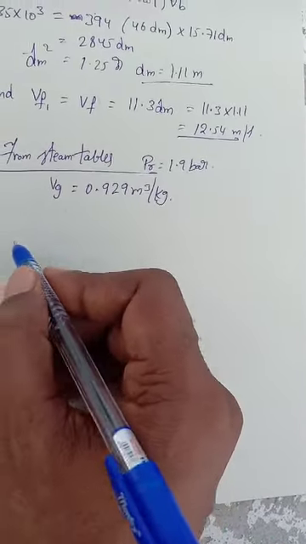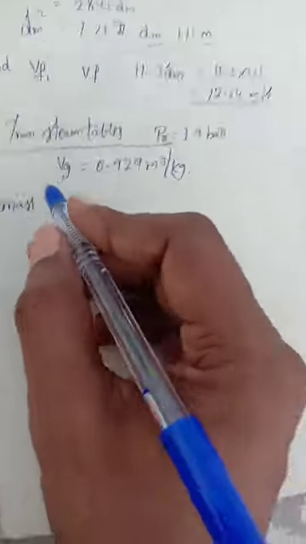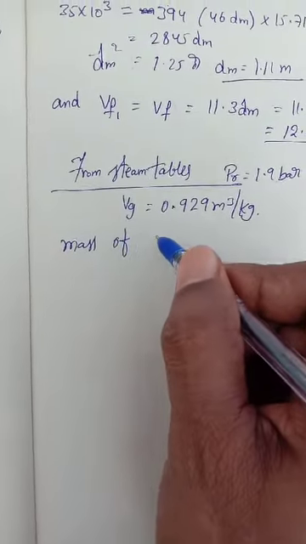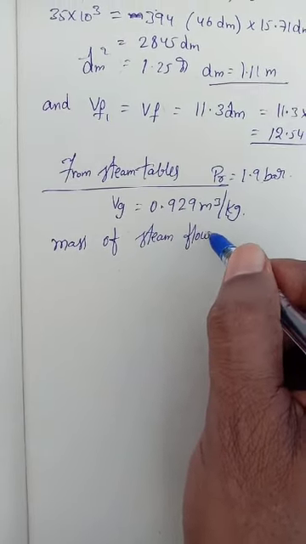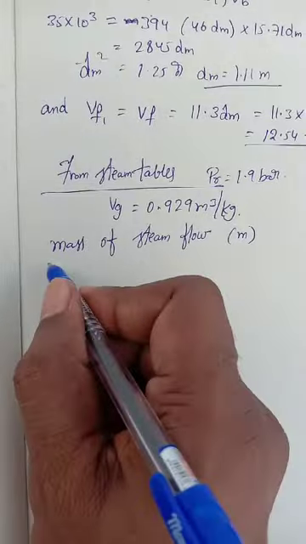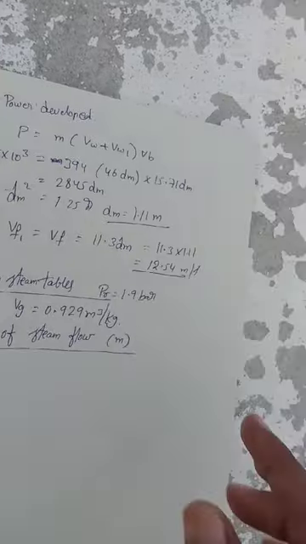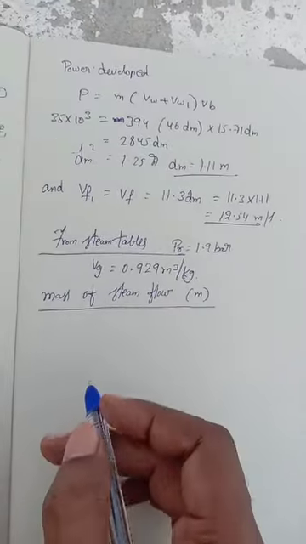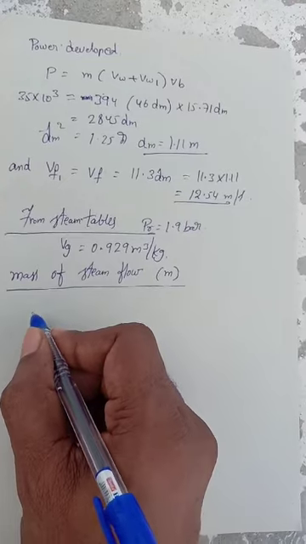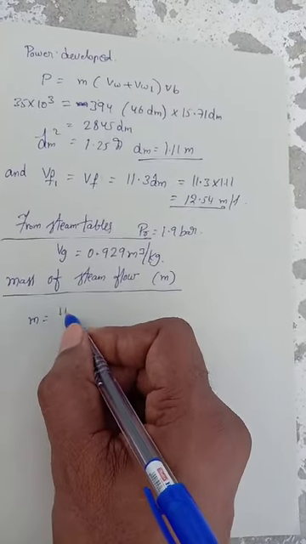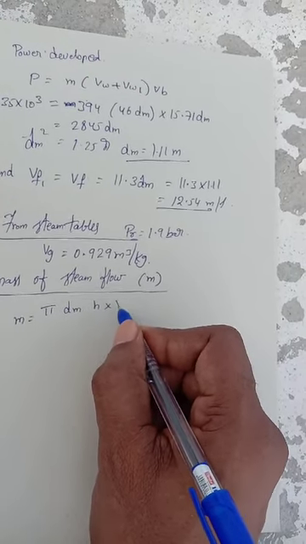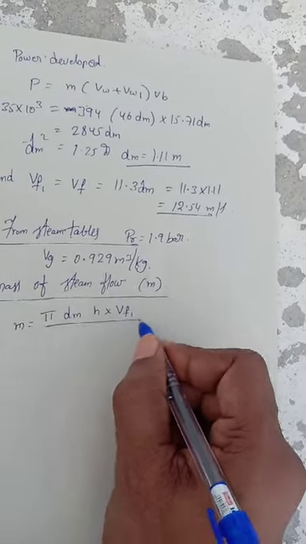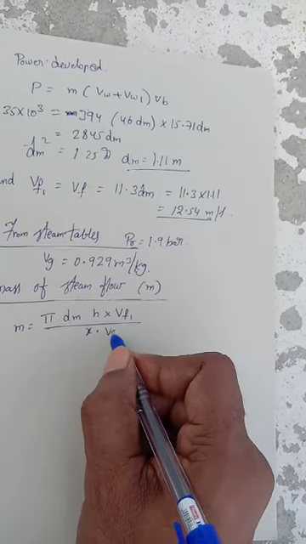Now we know that mass of steam flow m is equal to pi into dm into h into Vf1 divided by x into vg.